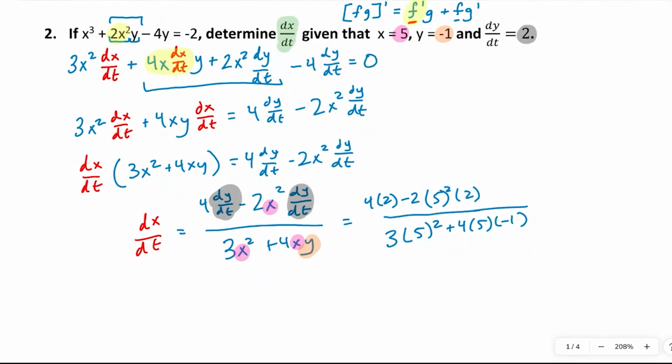I guess we could simplify this a little bit. If this were a free response question, you'd be done right there. But if this was multiple choice, you're going to have to go a little further. So I've got 8 minus, what would that be, 25. 25 times 4 is 100. And on the bottom there, we got 25 times 3 is 75 minus 20. So negative 92 over 55.